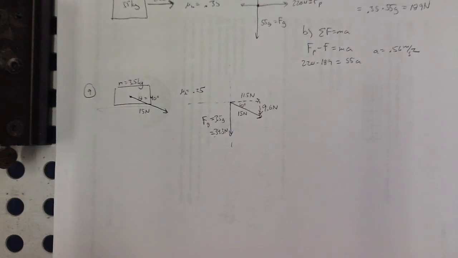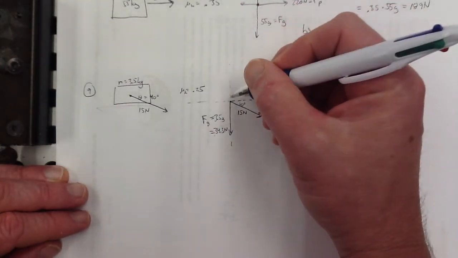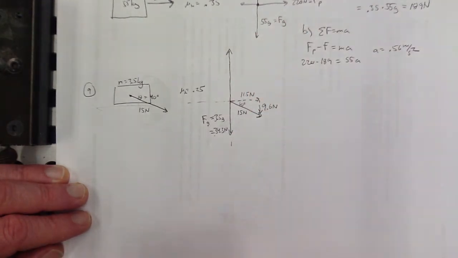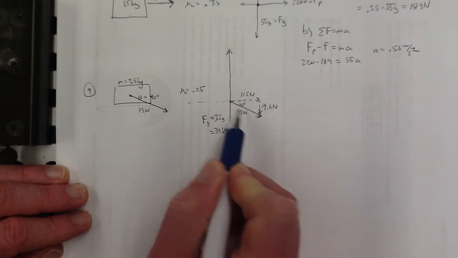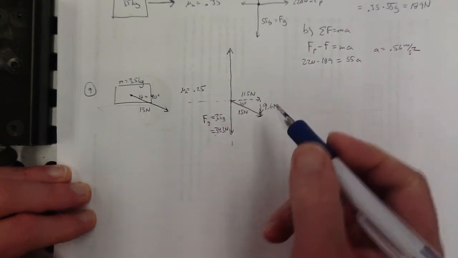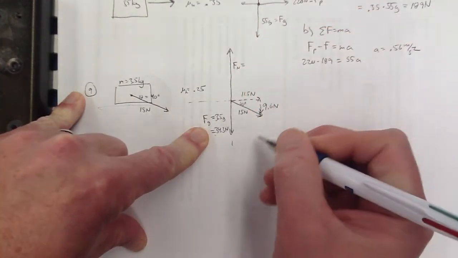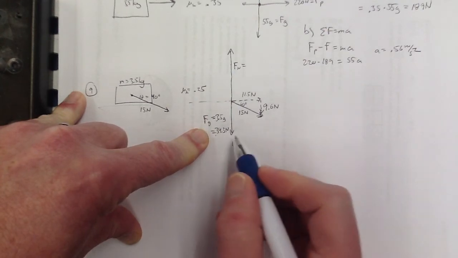Again, if you want to map this onto things that make sense, add some intuition into this. If you think about this box resting on a bathroom scale, if you push down at an angle on it, then that is going to increase the reading on the scale. And the reading on the scale, that's what the normal force is. That's how hard the floor or scale has to push up on it.